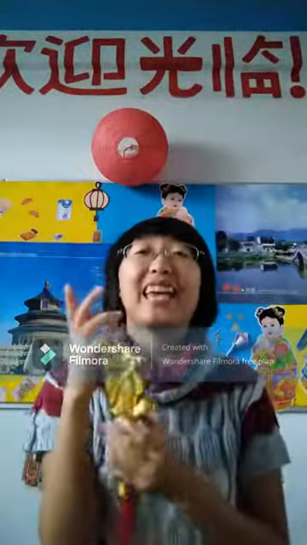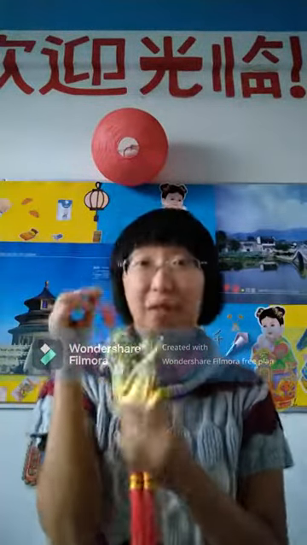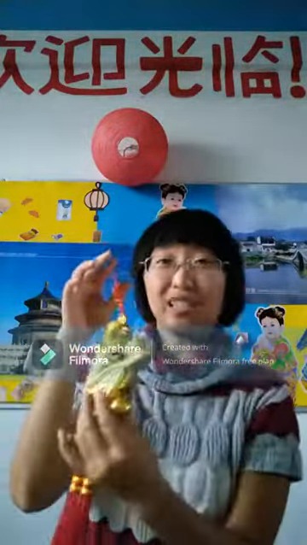All right, and here I have one more decoration. If it's monkey year, if it's 猴年, yeah, right, you can show this one to your students. This is a golden monkey that, of course, is fake. But anyway, children just love it.